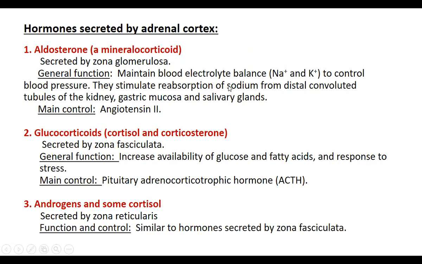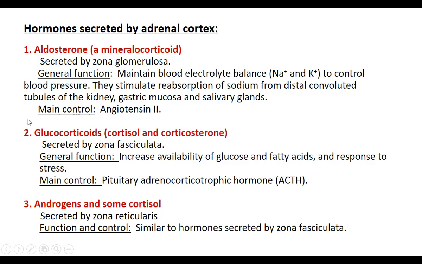They stimulate reabsorption of sodium from the distal convoluted tubule of the kidney, the gastric mucosa as well as the salivary gland. If there is any disturbance in the sodium and potassium level, then stimulation of aldosterone will help rebalance the sodium level so that the electrolyte balance is maintained. This main control is by angiotensin 2.